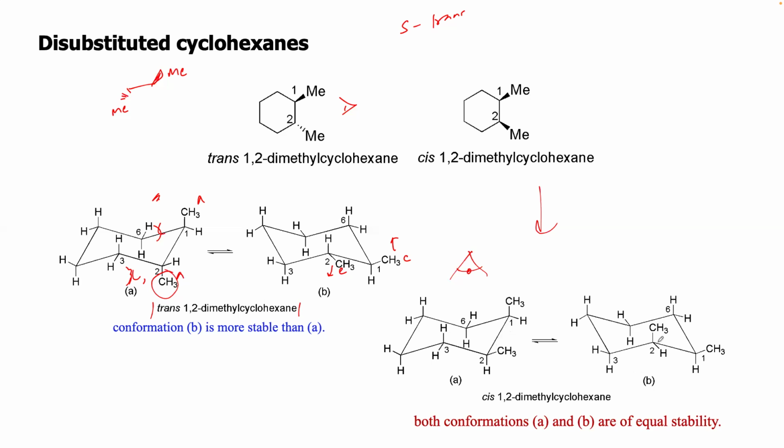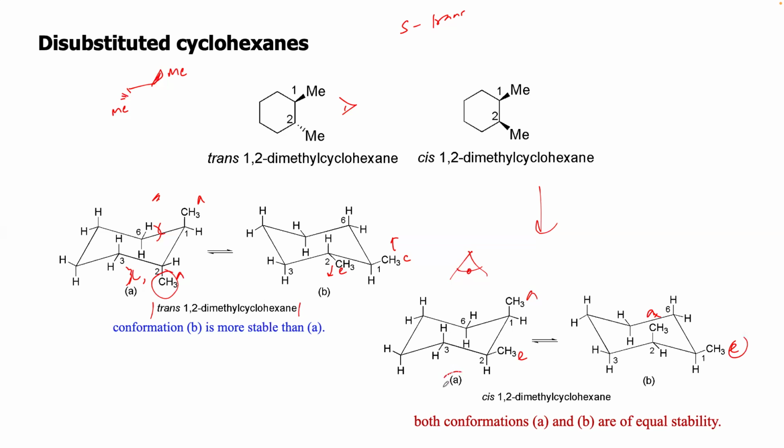Then to keep the cis, this equatorial becomes axial here, and this axial becomes equatorial. They are still coming up, and still cis.